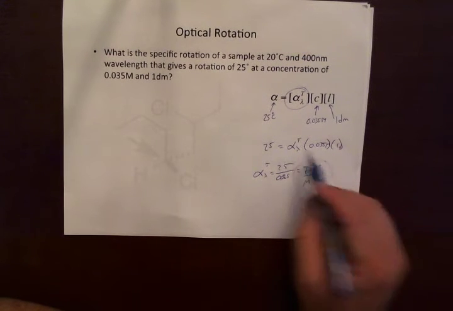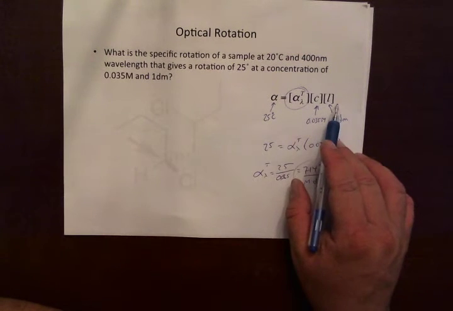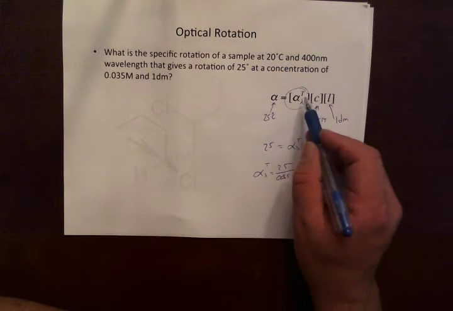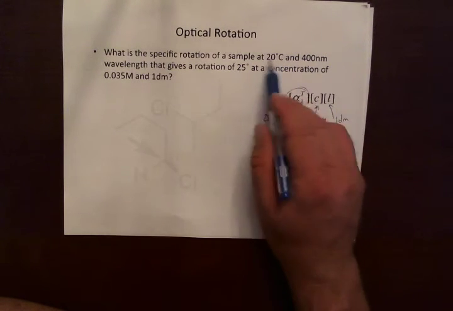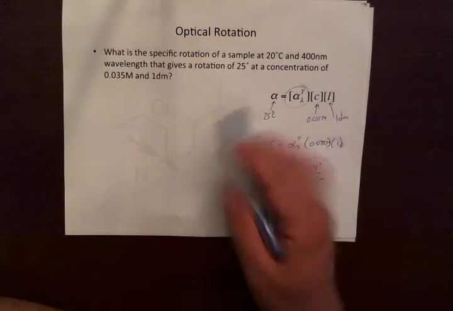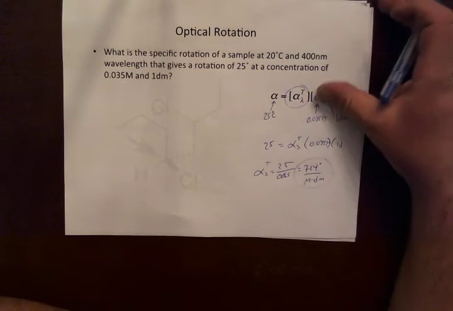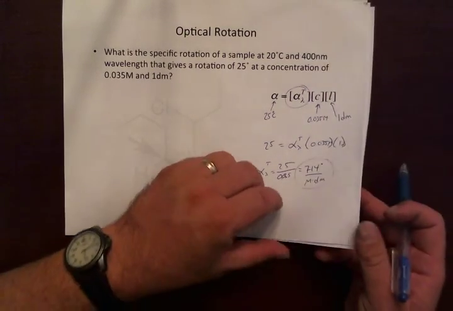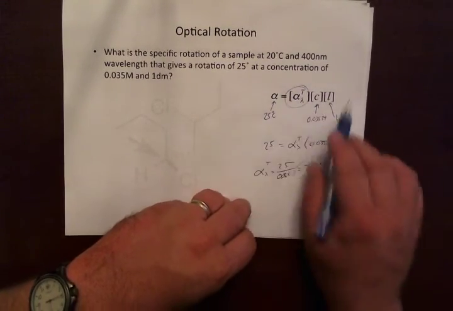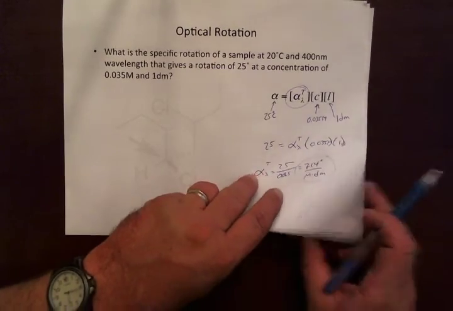So I'm going to give you 3 of those, and you've got to give me the 4th. Now, notice that the temperature and the wavelength don't come into play in these calculations. If I give them to you, they're just red herrings. You don't have to worry about them. Again, I'm going to give you this equation. It looks just like this on the equation sheet. You're just going to need to know how to use it.